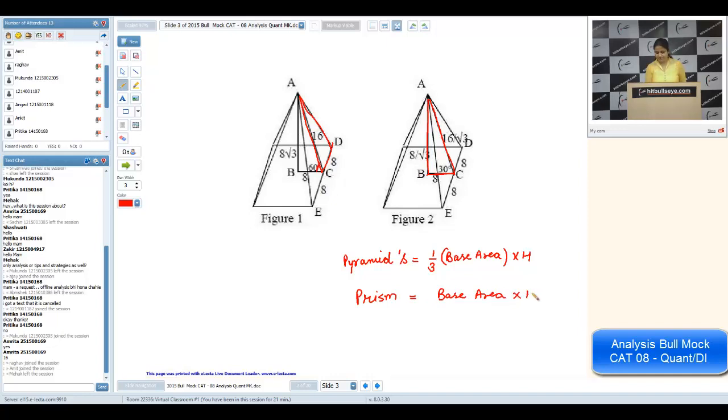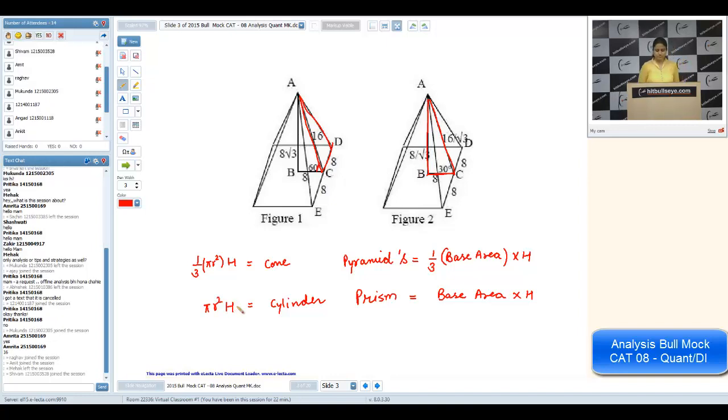You can remember these formulas by using cone and cylinder. Cylinder is a prism, cone is a pyramid. What is cone's volume? That is 1 by 3 pi r square into height. What is pi r square? That is base area, since base is a circle here. What is cylinder volume? It is pi r square h. So we can take it. Are you getting me, all of you?